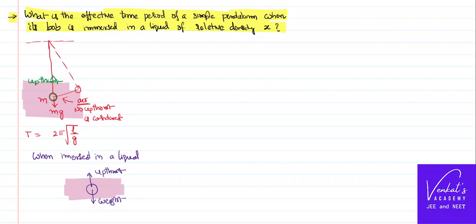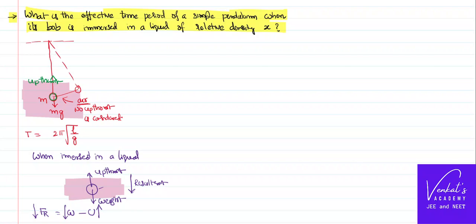We'll be talking about that in the fluid statics chapter. So the resultant force will still be in the downward direction, but a little less than the weight because there is an upward force. So I can write F resultant as weight minus upthrust. Weight is in the downward direction, upthrust is in the upward direction. As weight is dominating, F resultant is also in the downward direction.